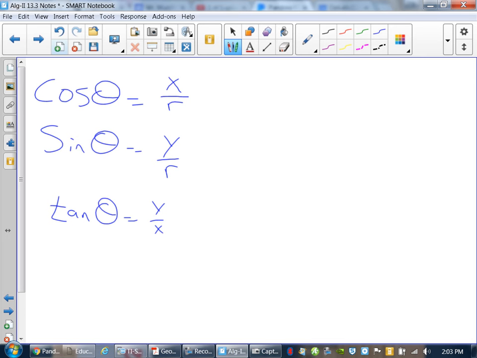We'll get there. It starts to get real crazy. What's the inverse trig function of cosine? Metallica reference, seek and destroy.